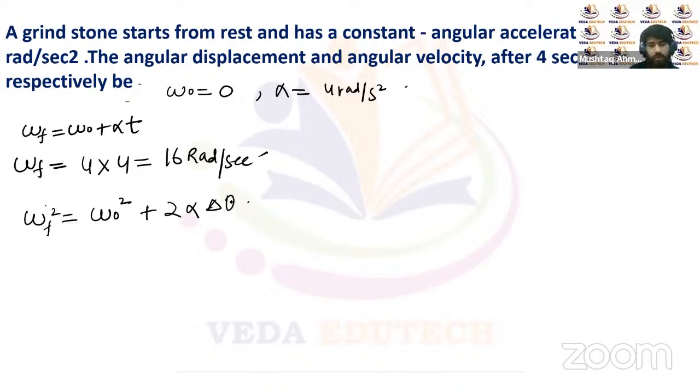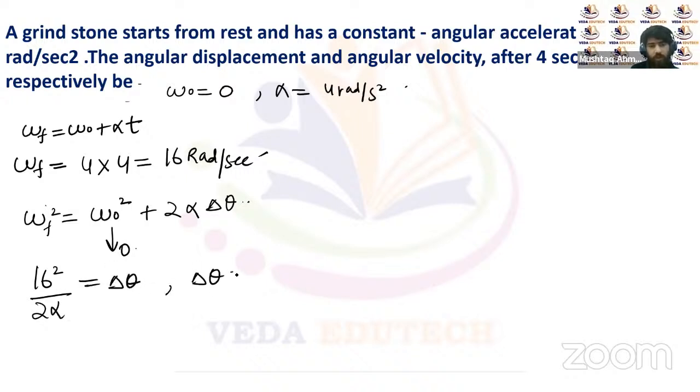Omega naught square here is 0. So omega final, which we got after time t equal to 4 seconds, is 16. It will be 16 square upon 2 alpha, and that will give the angular displacement delta theta.